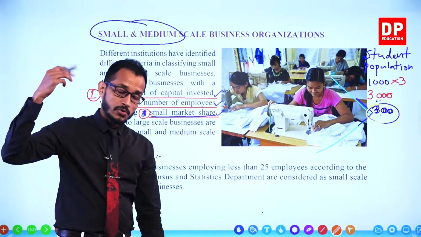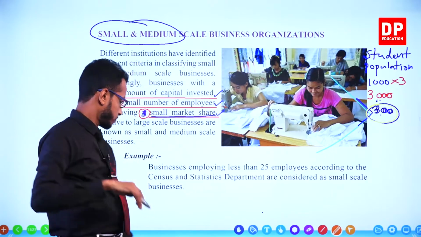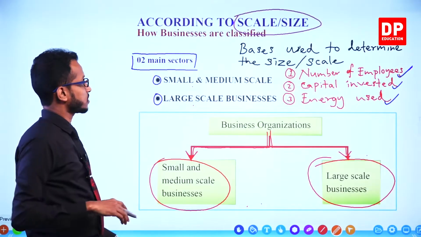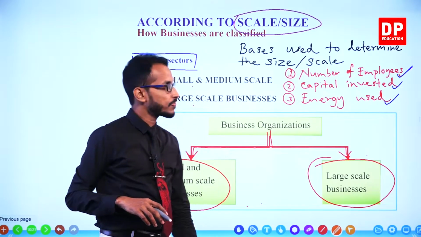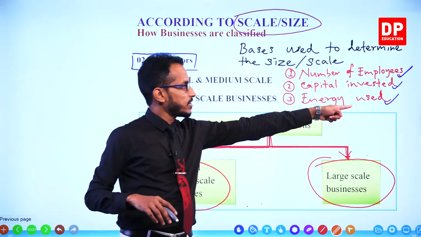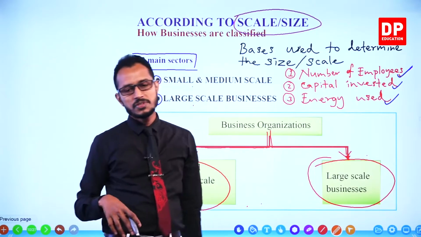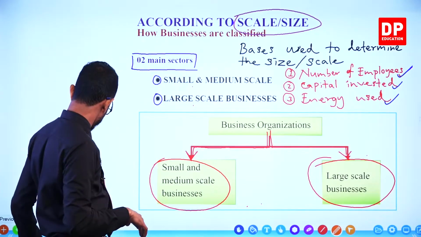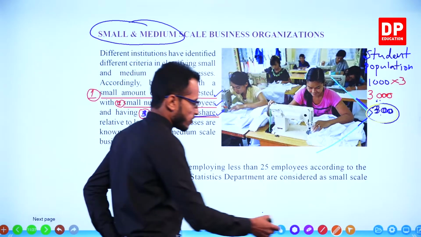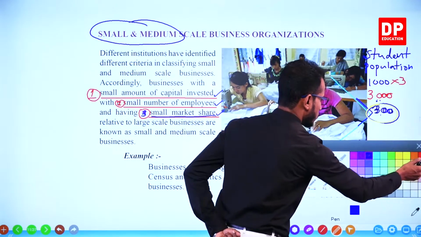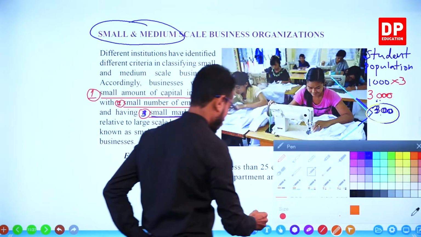And we discussed another criteria back in the previous screen, that was the energy used. This criteria is mostly used for large businesses. And I have something here, children. This is for your knowledge.